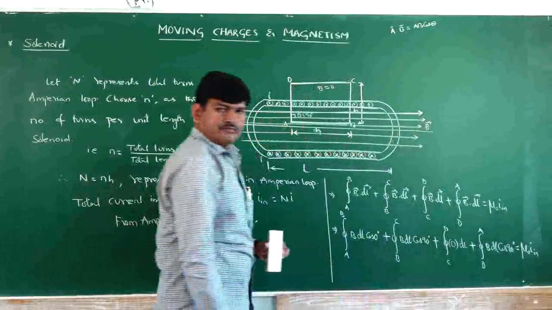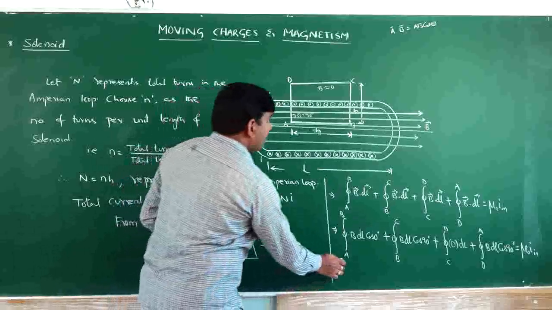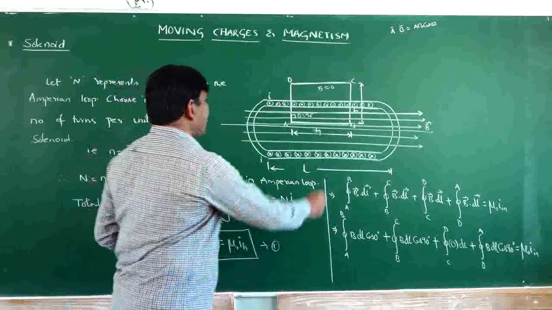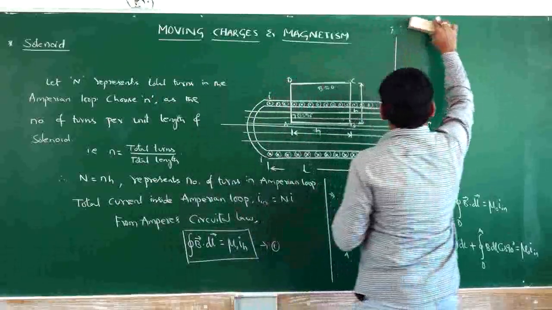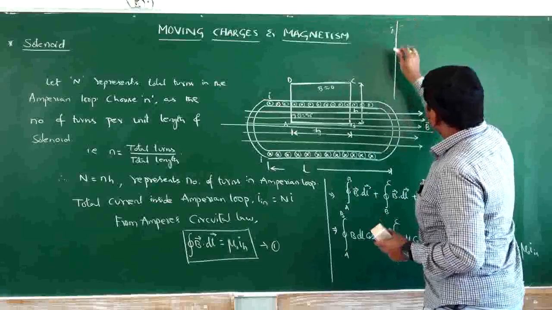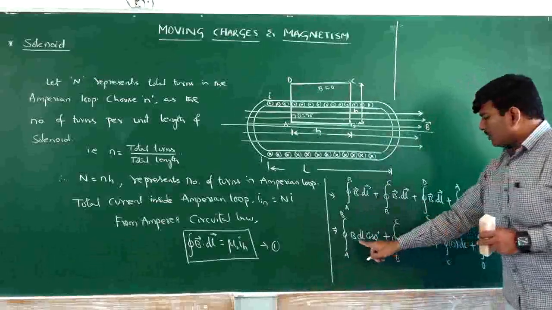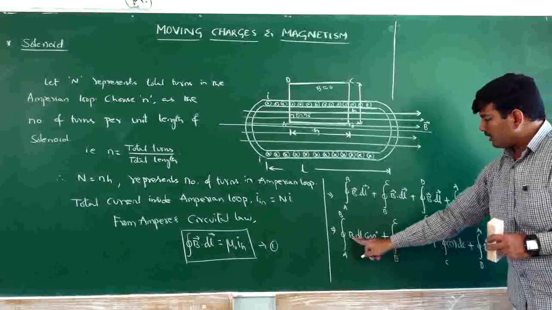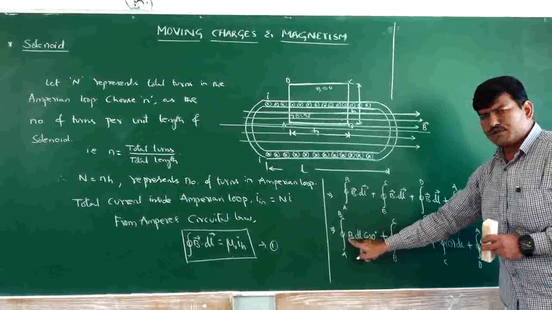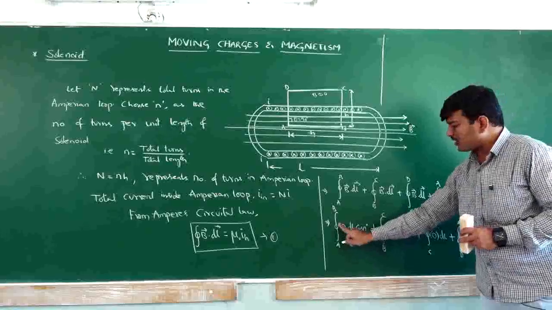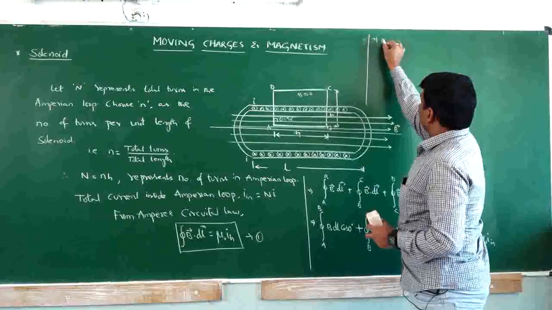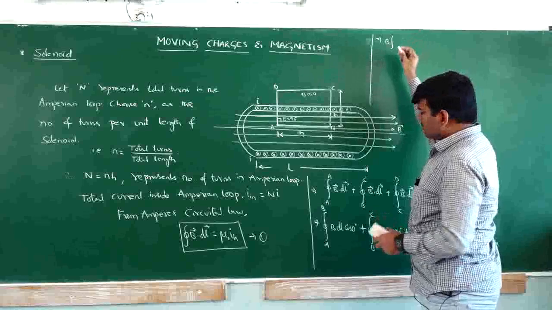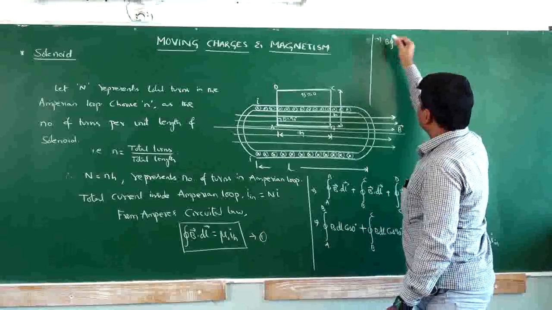Is it clear? Now, if you take this into consideration, I will be writing it here. Now, see here, cos 0 is 1, B into dL is there, B is uniform, that means it is constant, and a constant can be taken out of the integration. Therefore, B being uniform, I am writing it out of the integration.